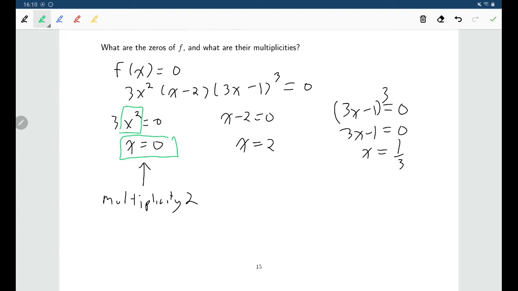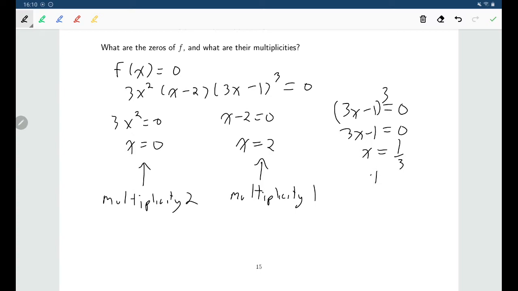So that factor of x wasn't just x, it was x squared, so that is a multiplicity of 2. For x being 2, that came from the factor x minus 2, and that only showed up once. So it wasn't x minus 2 squared or x minus 2 cubed, it was just x minus 2, so that has a multiplicity of 1.